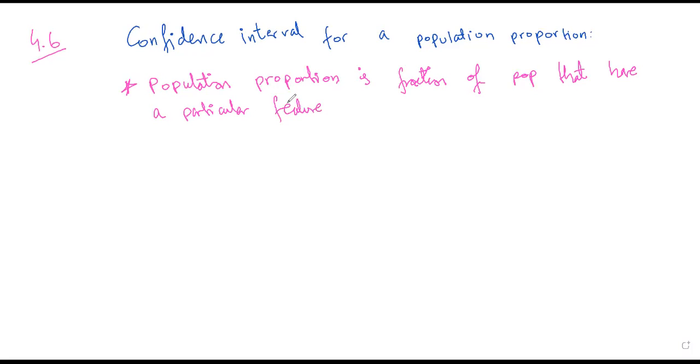For example, if your population is the residents of a city, and you are emphasizing that out of 500 people of the population, how many own a car, then that feature is basically car. That feature is basically how many people in the city or in the population have a car.